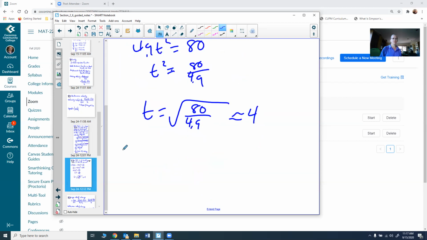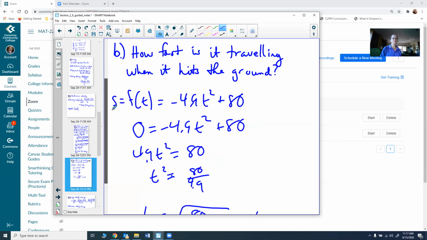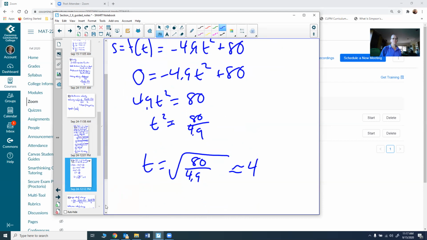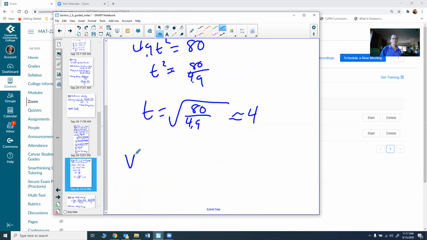So if we want to find out how fast it's traveling when it hits the ground, we'd have to go through the exact same process we just did to find the velocity at 4 seconds. And then you could find the absolute value of that. I'm not going to go through the process.